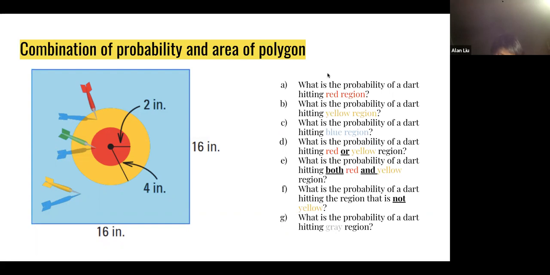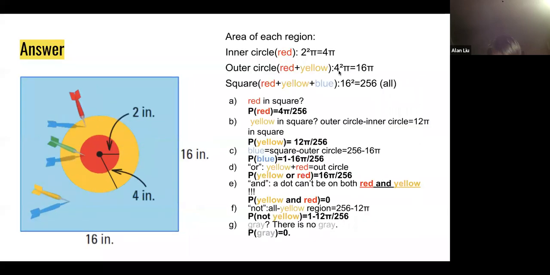And then you find that area out of the entire area, I believe. So that's just 16 pi divided by 16 squared, which is 256. So I think the answer should be 16 pi divided by 256, or just pi over 16.